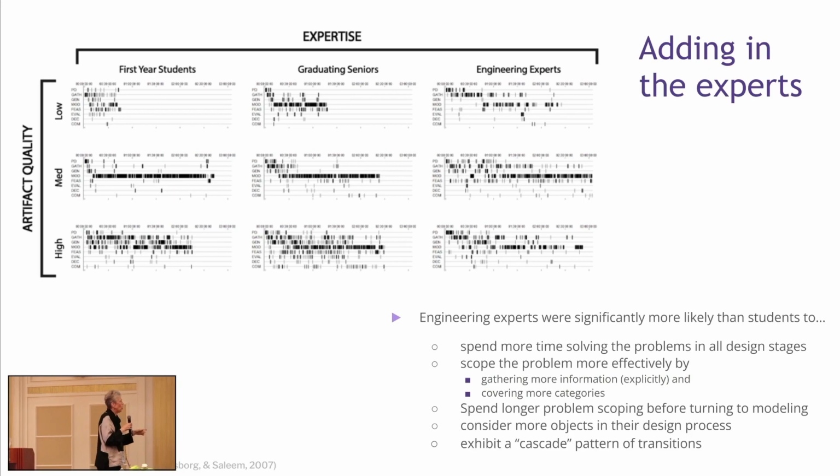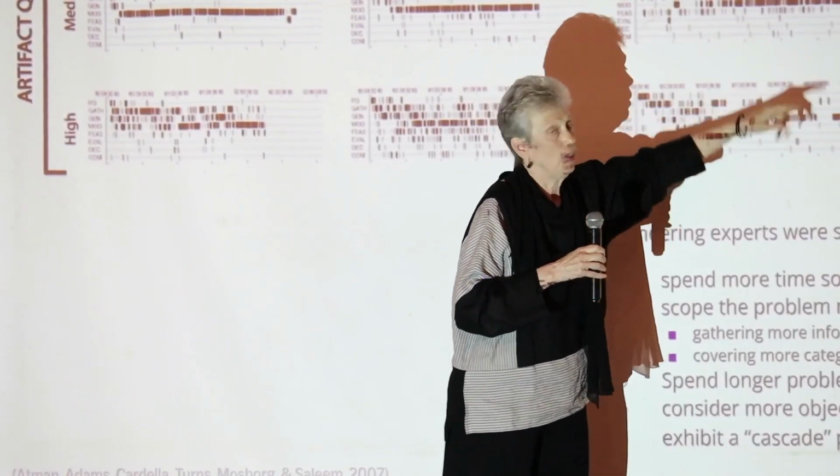They spent longer problem scoping before turning to modeling. So you can see that there's much more time spent understanding the problem before choosing an idea to actually do some modeling. They considered more objects in their design process, so they basically came up with more alternatives. And they exhibit what I call a cascade pattern of transitions, moving from the upper left in this order of activities down to the bottom right.